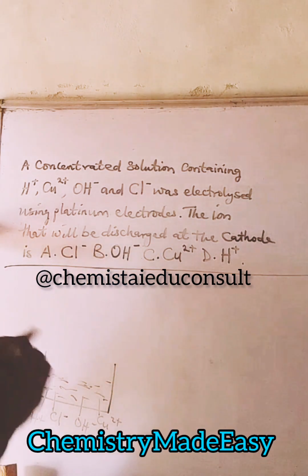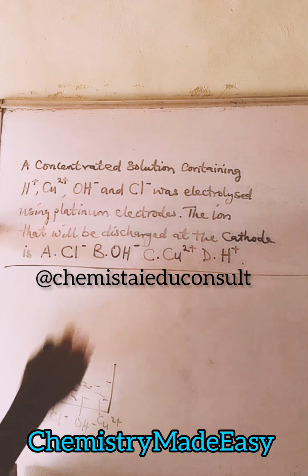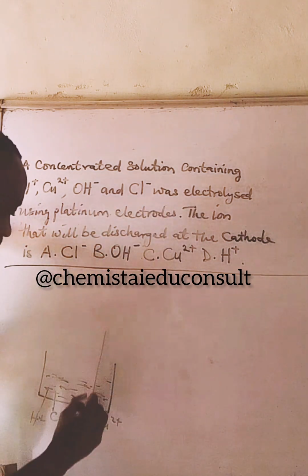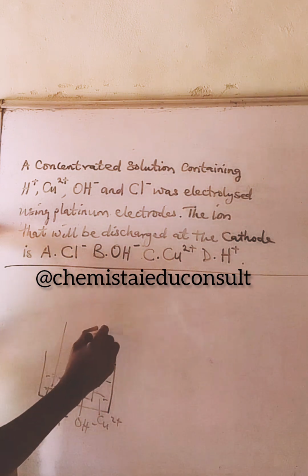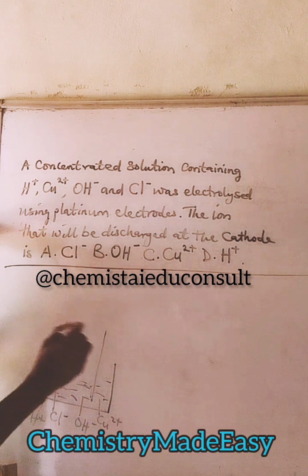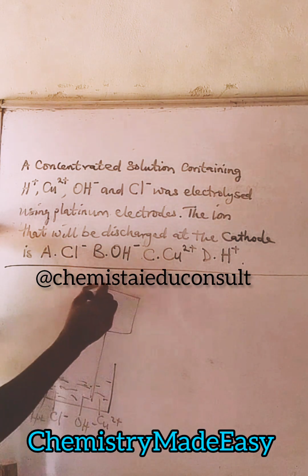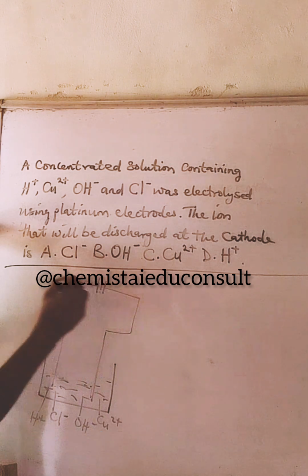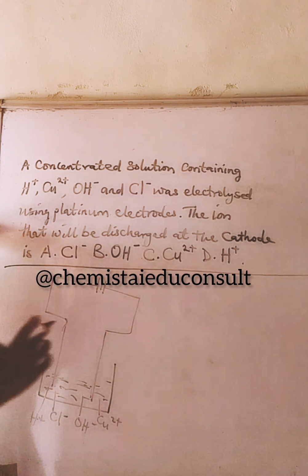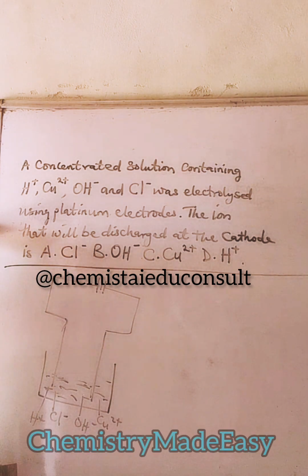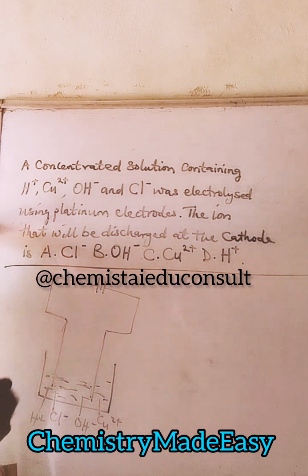So the electrodes are rods, conductors that are dipped inside here and connected through a wire that goes to the battery and back. So now these two electrodes have different charges.